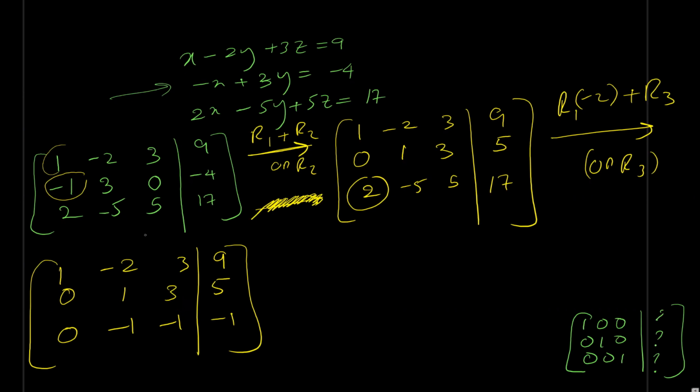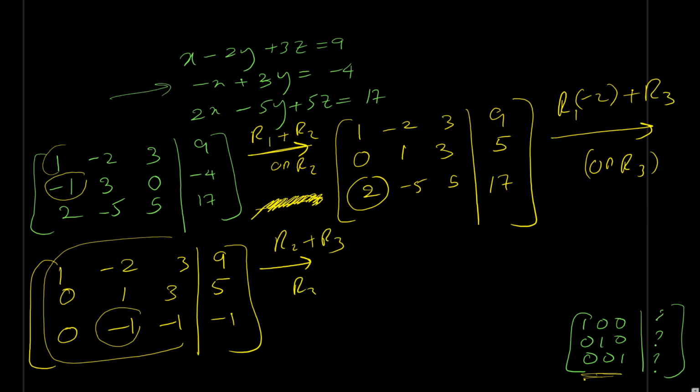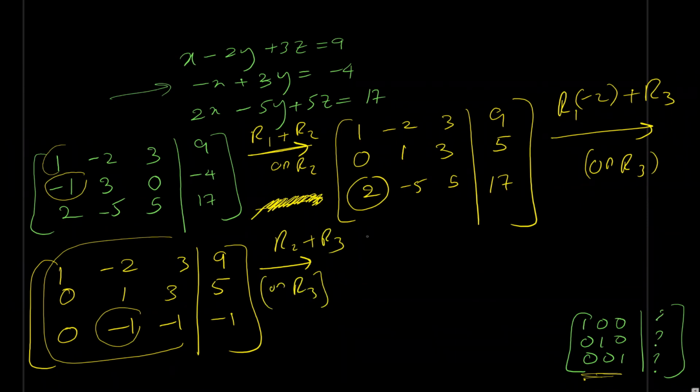See, now this guy is much closer to this, still not yet, but step by step we are going there. Next, I see I can make this 0 by adding R2 and R3 and keeping it on R3.